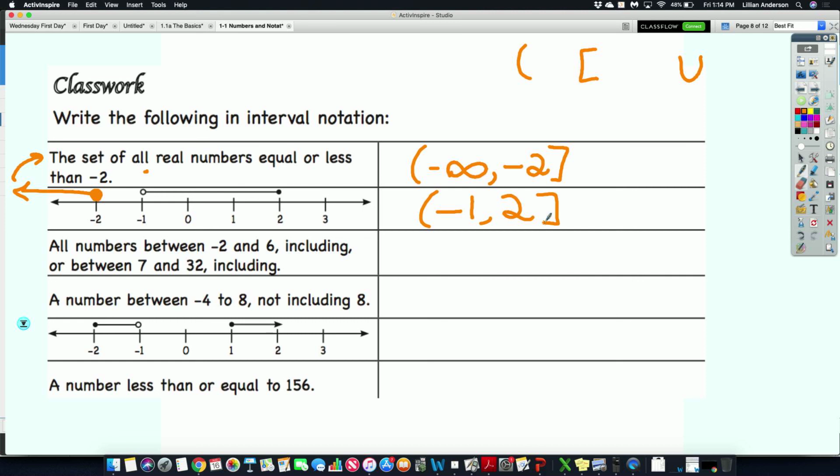Square brackets around 7 and 32. So we have from -2 to 6, all the numbers in between, square bracket, or, which is the union, square bracket 7 to 32, including. Did we get that? Mm-hmm.